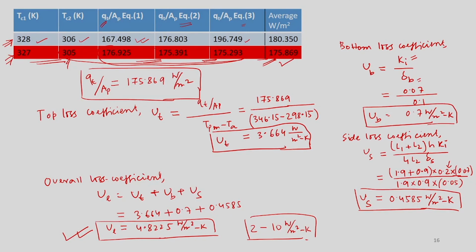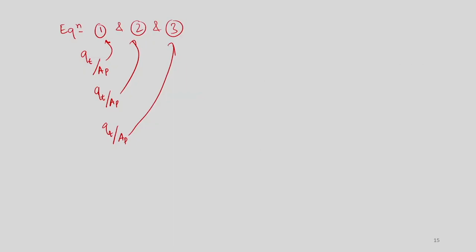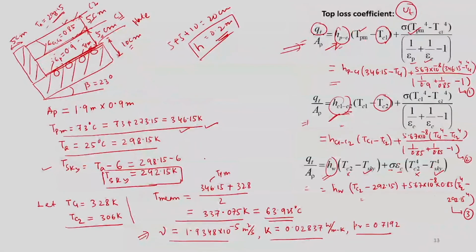Okay. So, I will just briefly tell what we have done in this problem. So, the problem was the calculation of the overall loss coefficient. In order to find out the overall loss coefficient, we need 3 parameters. One is the top loss coefficient, one is the bottom loss coefficient and one is the side loss coefficient. These 3 loss coefficients are required to calculate UL. Okay.